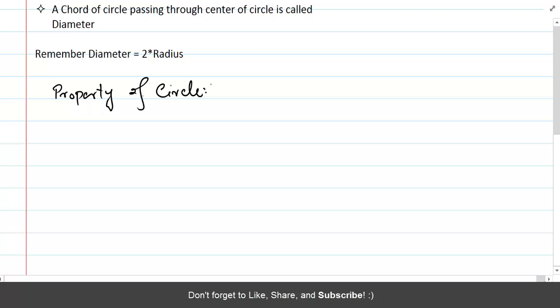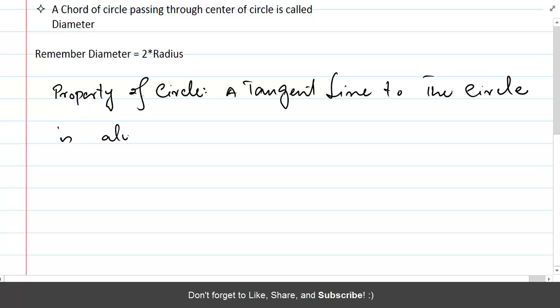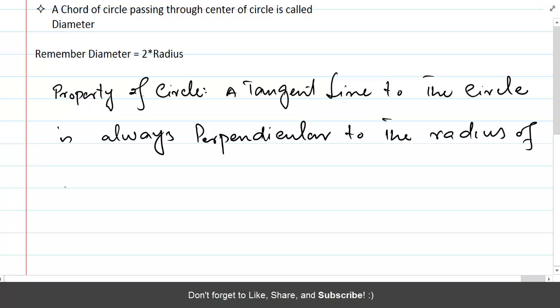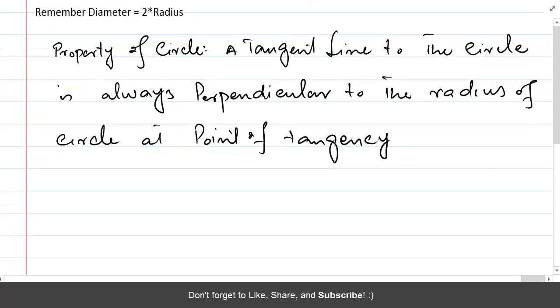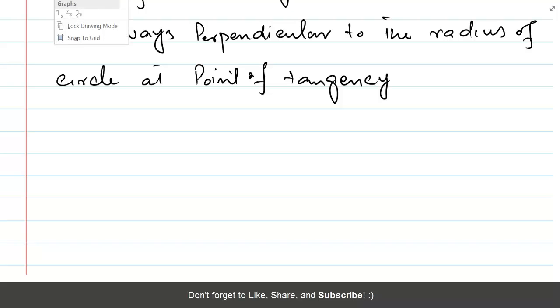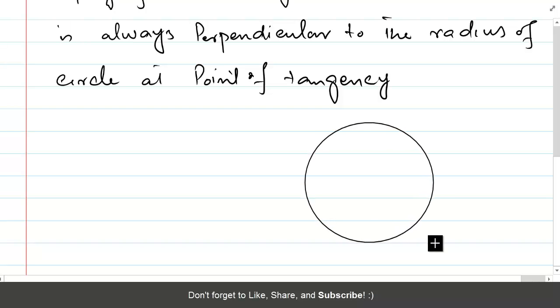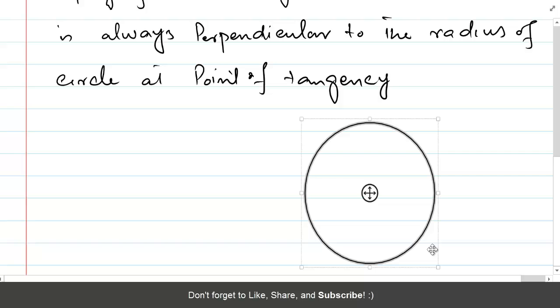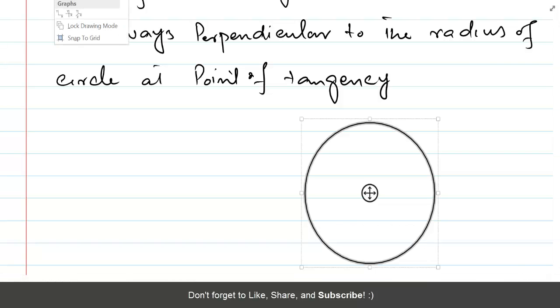And this first property is that a line of tangency, or a tangent line to the circle, is always perpendicular to the radius of the circle at the point of tangency. So let's assume we draw another circle here, and here this is a circle, and then there is a line that is acting as a tangent line.